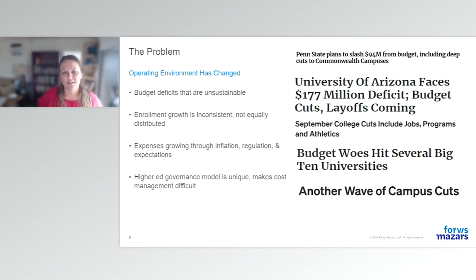There's also increasing regulation on the sector, which comes with significant expense, as well as changing expectations from students and families about the sorts of resources that institutions will provide to students on campuses, which also come with significant expense. And to wrap all of this around, as we all know, the higher education governance model is unique relative to other industries. And this can sometimes make cost management difficult depending on how the governance structure is set up at your institution.